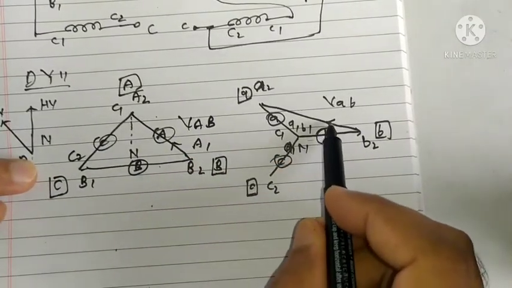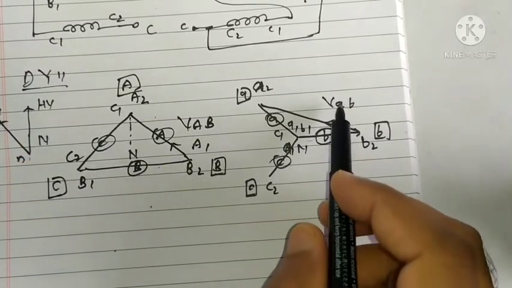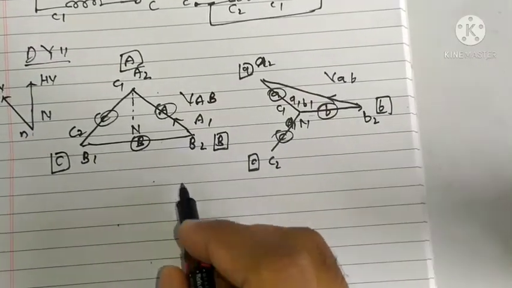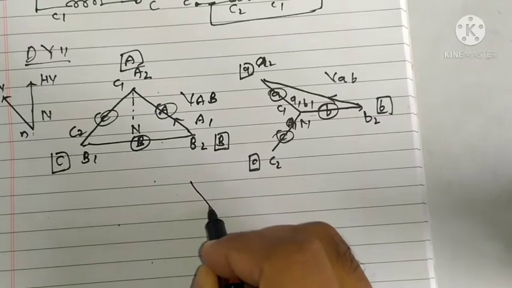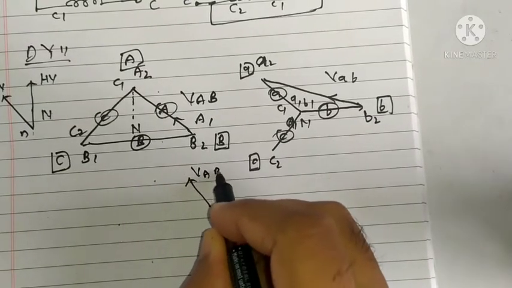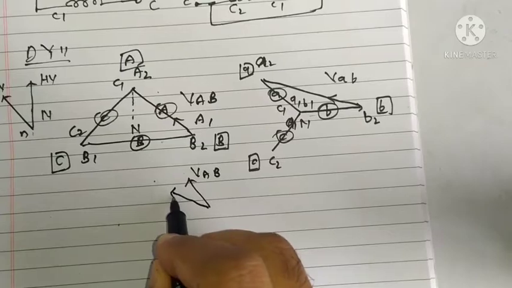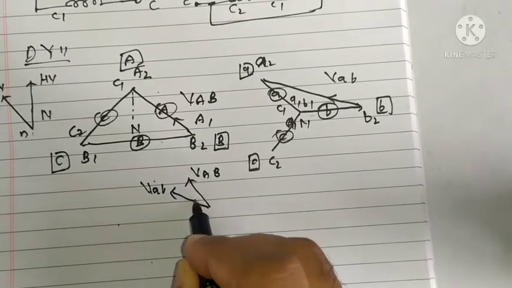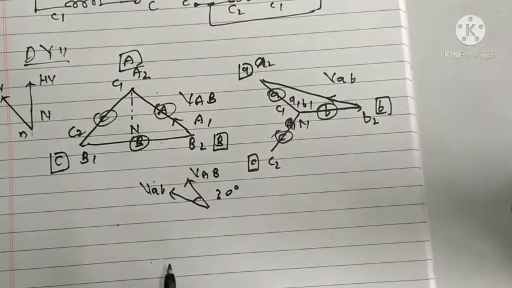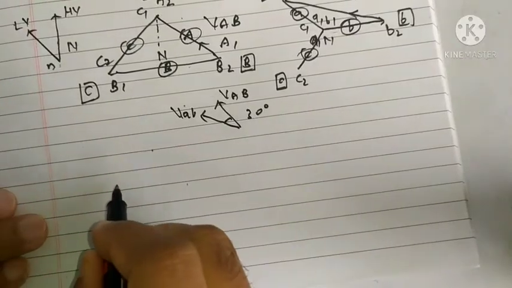So if we compare this line voltage with this, the secondary line voltage is leading this by 30 degree. So this is VAB, and this is the secondary line voltage at 30 degree. And the winding diagram can be drawn.